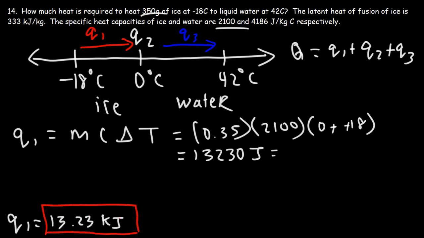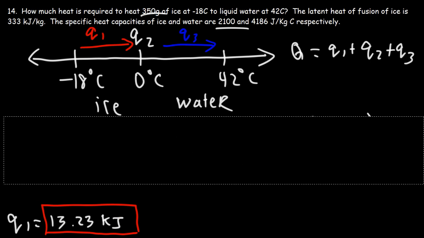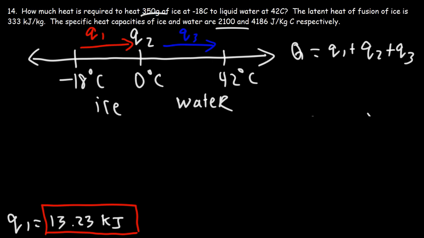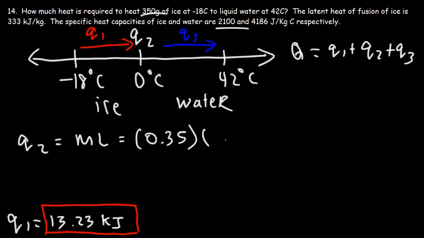Now let's calculate Q2. So we need to use this formula. It's going to be m times L. M is the mass in kilograms, 0.35. L is the latent heat of fusion, which is 333 kilojoules per kilogram.